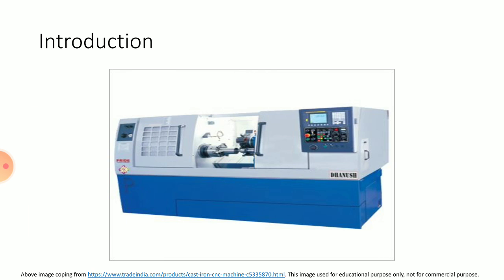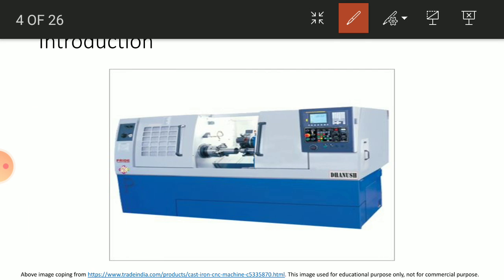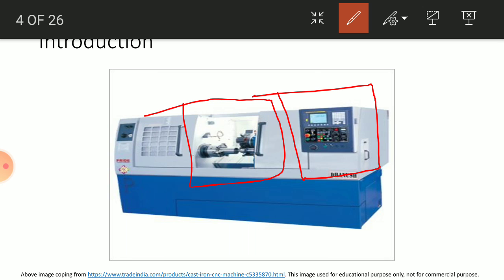Now we will start the actual second unit, that is CNC tooling and programming. Now this is the machine. You will observe that the machine has two things. This is the first thing, where you can perform the actual operation, and this is the second thing, where you perform the programming on the computer and give specific commands to the tooling for performing specific operations.